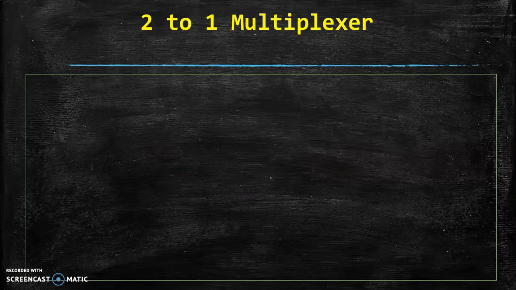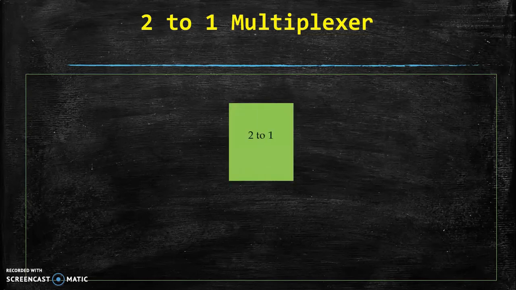Now for example, let us consider a 2 to 1 multiplexer. It means we have 2 input lines and one output line. Because we have 2 input lines, the select lines required are 2 raised to power 1, so only one select line is required. Here is the block diagram of the 2 to 1 multiplexer.